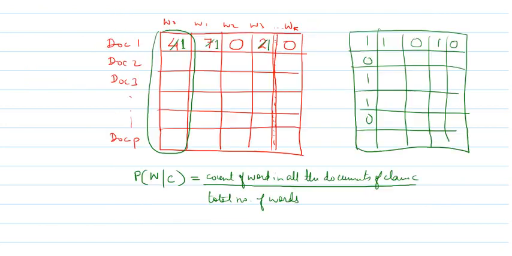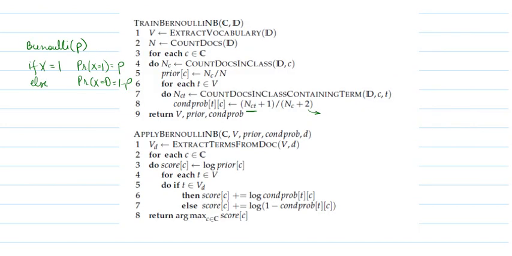So here we see that in the Bernoulli case, it will be either a 0 or a 1. There are only two options given by the distribution itself, whether the word is present or not. We can take the example of flipping a coin: when we flip a coin we have only two options, either head or tail.